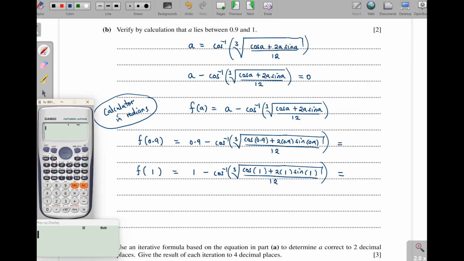My calculator here is in degrees. I need to convert it to radians. So shift, then mode, then radian is 4. In fact, let me begin with 1. 1 minus the arc cos of the cube root of cosine of 1 plus 2 times 1, then sine of 1.